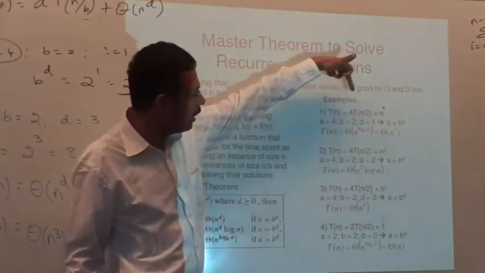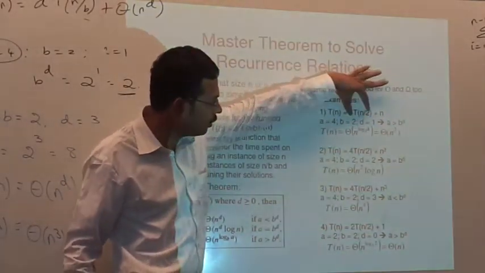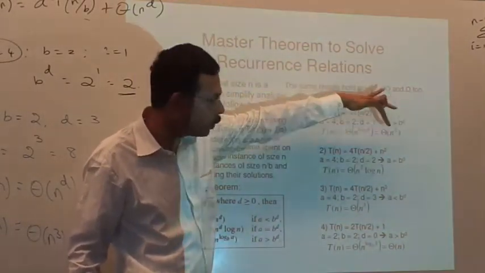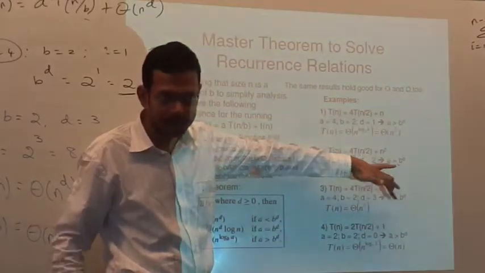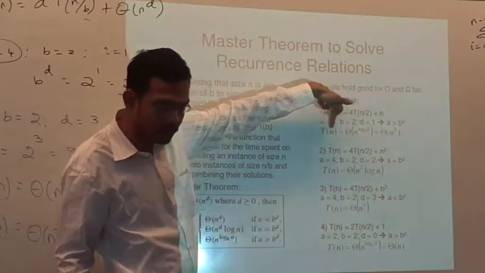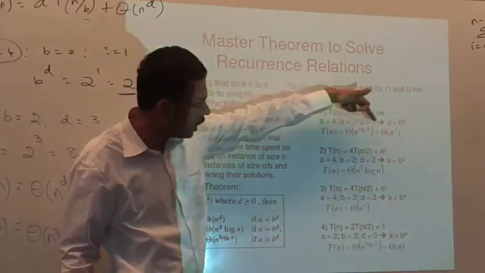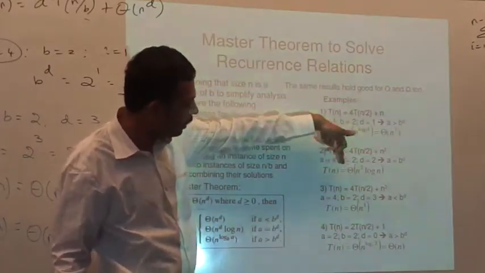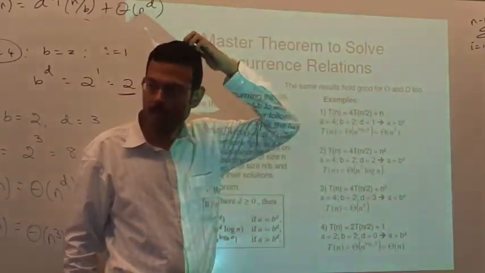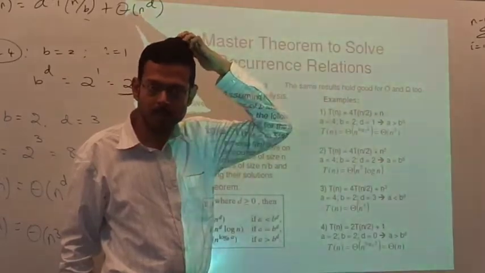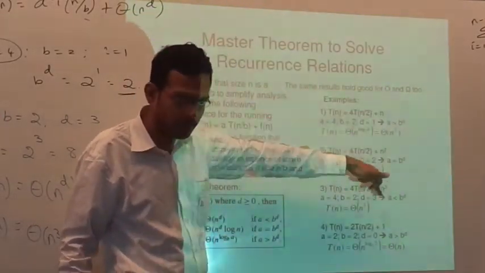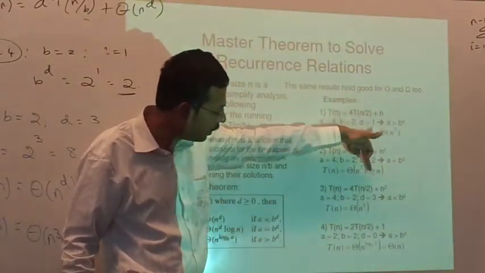As you increase the time to combine the solutions, the overall time complexity increases from theta of n to n squared log n to n cubed.